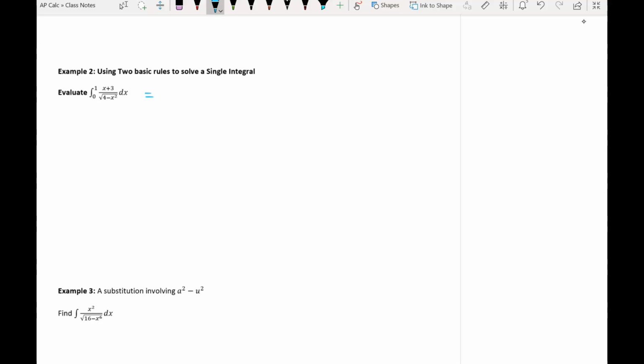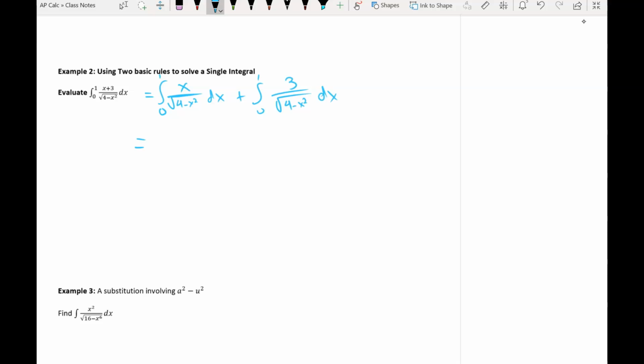So let's do that. We know we're going to integrate those two separate things eventually, so I'll just tackle that in one step. So this is the same as the integral from 0 to 1 of x over the square root of 4 minus x squared dx plus the integral from 0 to 1 of 3 over the square root of 4 minus x squared dx.